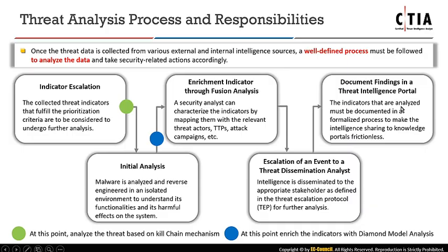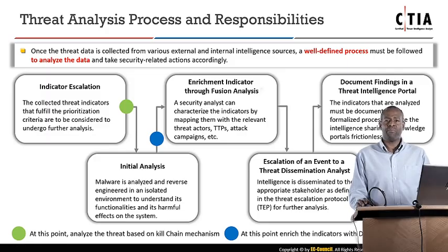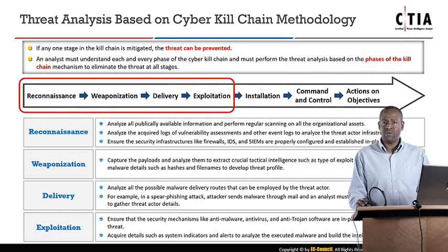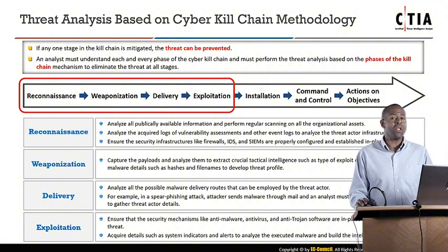So we take the indicators, we've analyzed those indicators, we document them formally in a process that's well known to our organization so that we can make that threat intelligence and knowledge dissemination, putting it together in a portal, frictionless, make it easy to do. What happens over time is we develop not only a method of reporting what we've documented to the appropriate authorities, to the stakeholders, but we also develop a knowledge base.